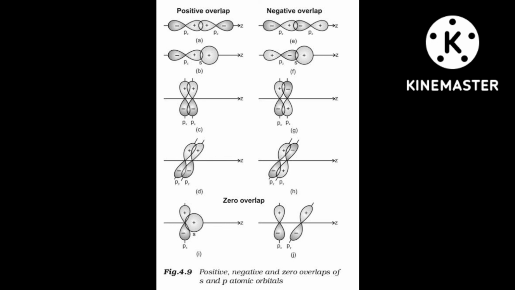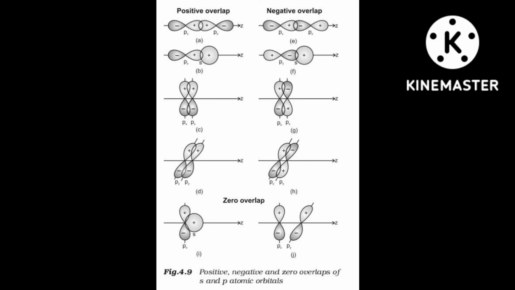This question is asked. Okay, now I am telling you other things: types of overlapping and nature of covalent bonds. The covalent bond may be classified into two types depending upon the types of overlapping.